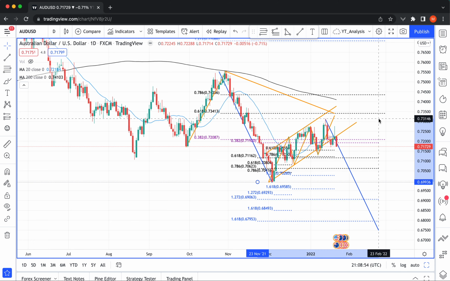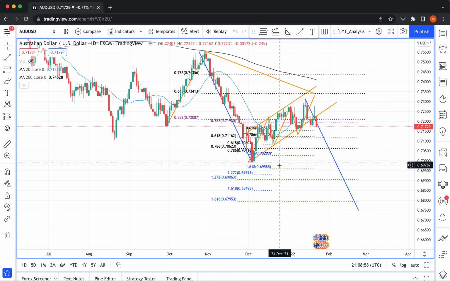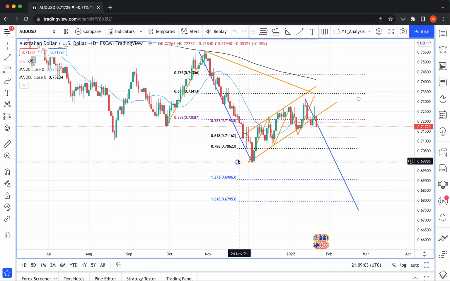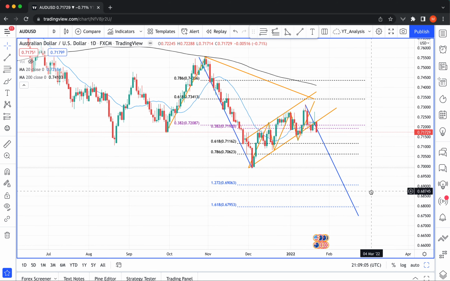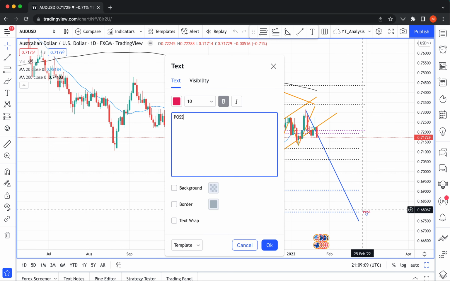So what is possible is, I'm going to get rid of these smaller ones, that we could have a possible target again if the dollar remains strong, as we did in our earlier analysis.